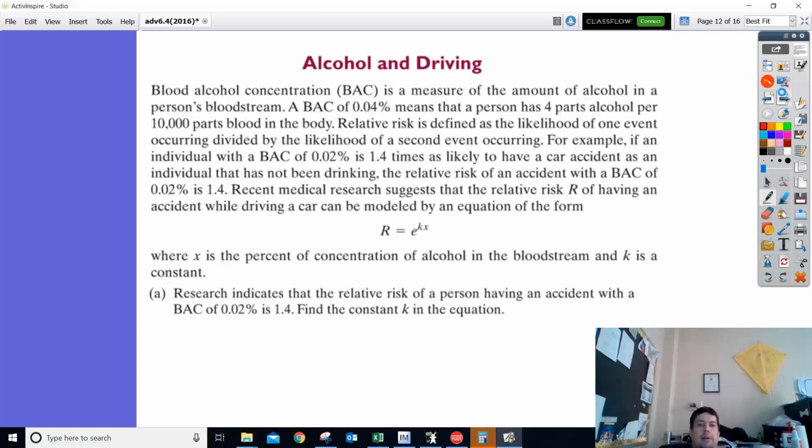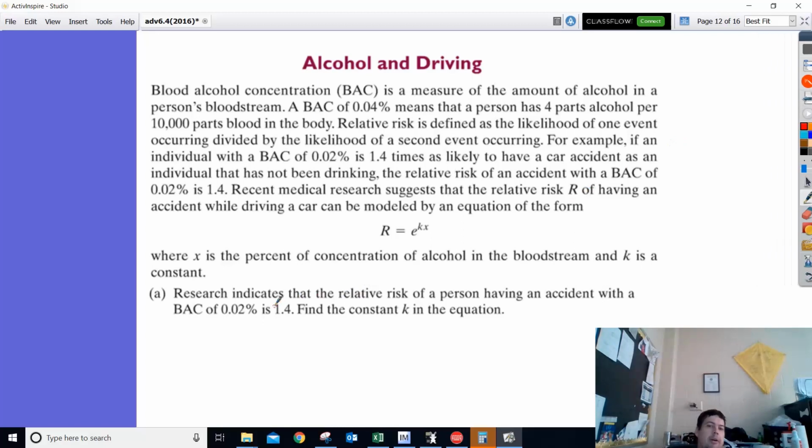All right, so part A is asking us to find that constant. Now, A says that an individual with a BAC of 0.02%, their risk is 1.4. Find the constant. So what can I replace this R with?